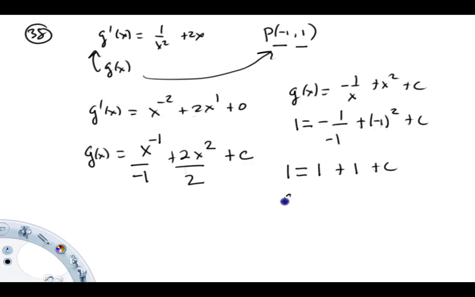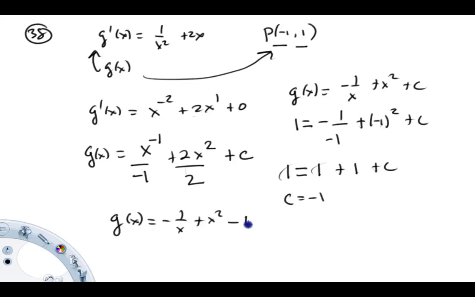And if you solve that for c, you get c equals negative 1. Subtract 1, and then subtract another 1. All right, so the function we're looking for, g of x, is equal to minus 1 over x plus x squared plus a constant. Whoops, and I know the constant. Plus a negative 1, or I'll just write minus 1.